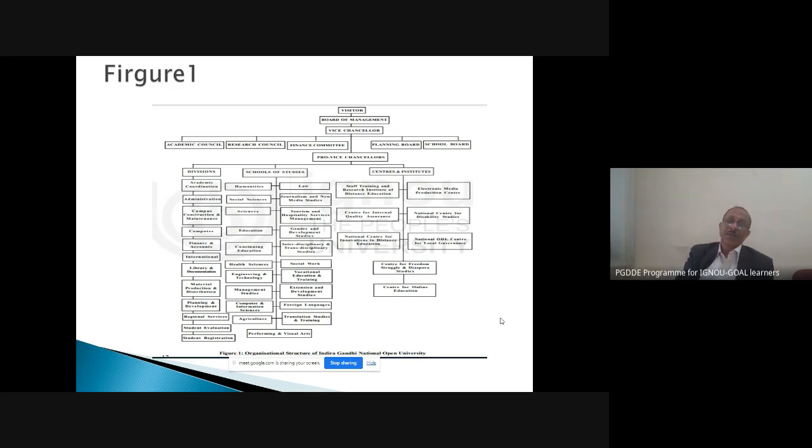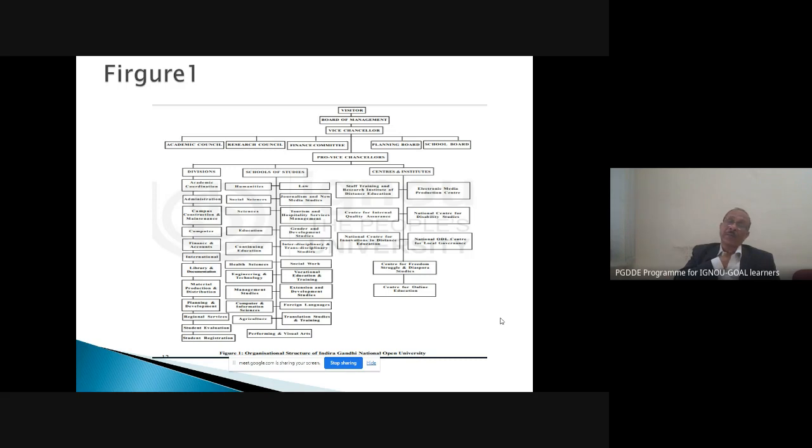Under the President of India, the visitor of the university, we have the highest decision-making body, the board of management. The board of management is chaired by the vice chancellor, and it has many supporting bodies, like the academic council to take care of the academic functions and give academic direction.